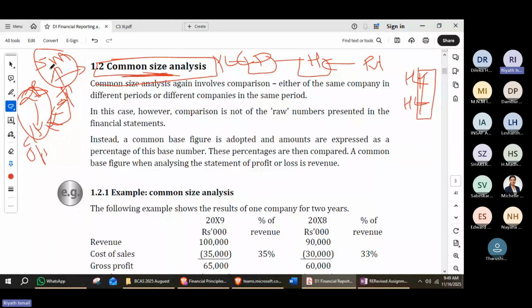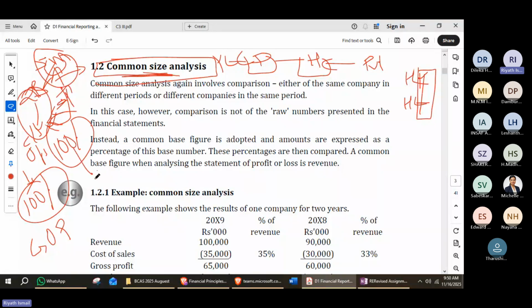So that makes it common, right? Make it 100 rupees of sales revenue: for the Hutch company, how much do they earn from 100 rupees of sales revenue, how much operating profit do they make? And also compare 100 rupees revenue for Dialog, how much profit are they going to get?